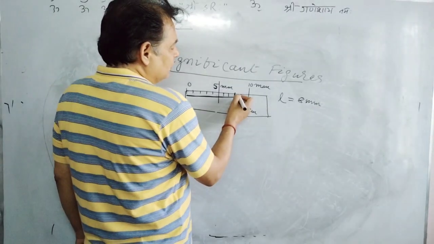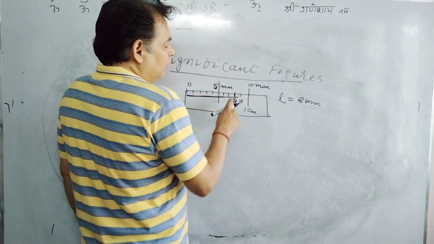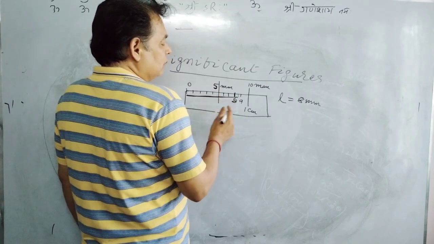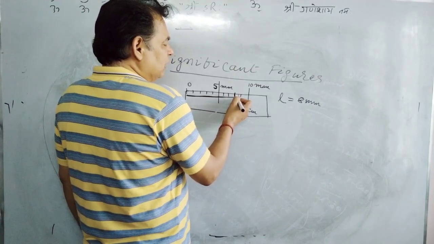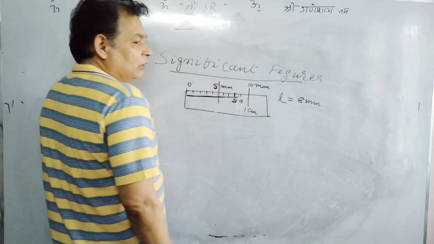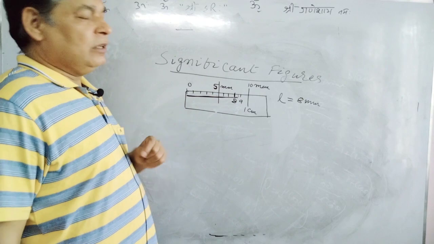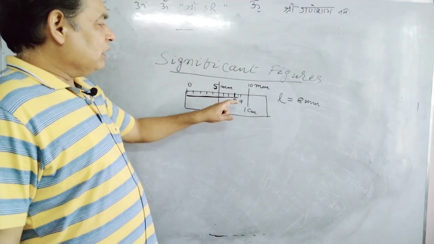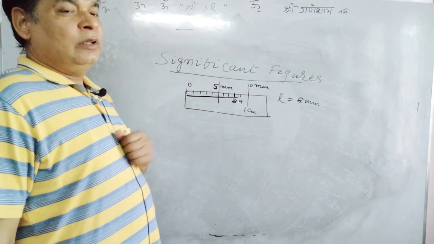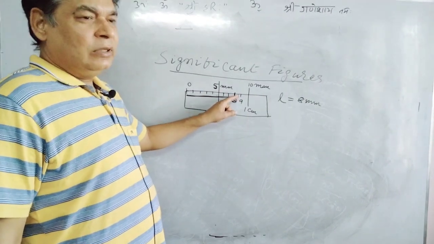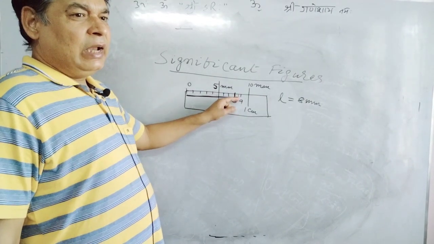Suppose this is 8.5 millimeter and it seems something less than 8.5. One friend can say that's 8.4 millimeter. Someone can say that's 8.3 millimeter. Someone can say no, it's something greater than 4 and less than 5.